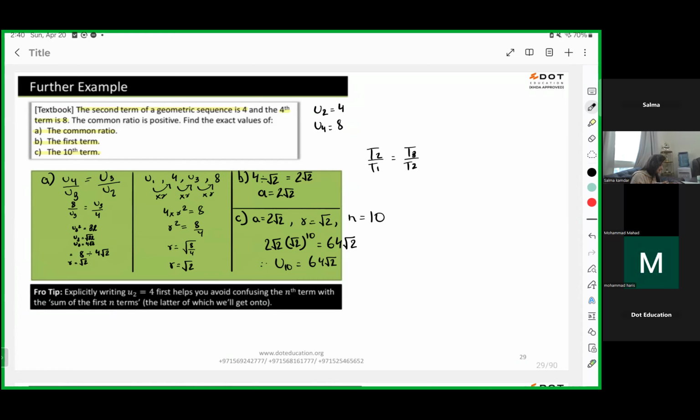I am trying to find my U3 by using this method. So what you're just going to do is cross multiply.